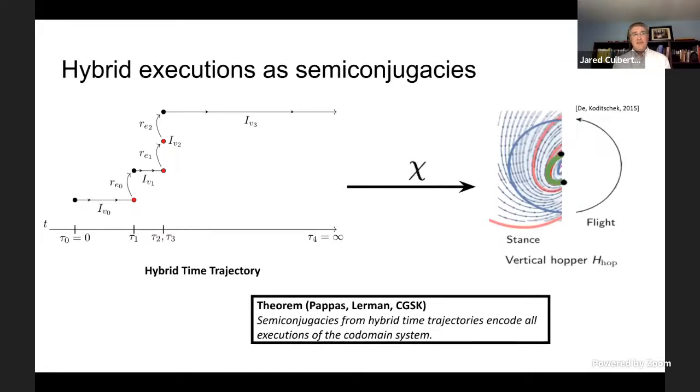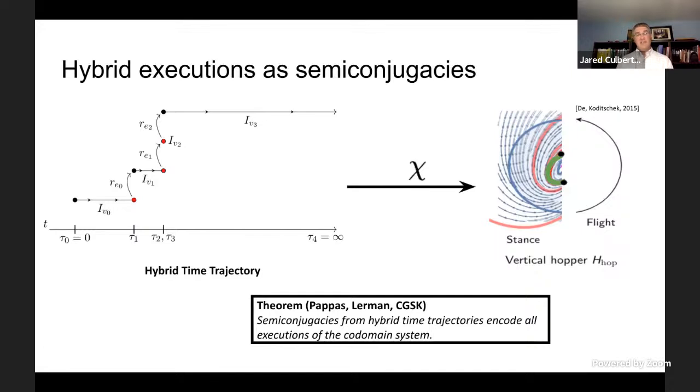And what this allows us to do is to encode properties and aspects of these systems as semiconjugacies. For example, we can think about what an execution of a hybrid system would be like. If you're familiar with classical dynamical systems, you have the integral curves that define the trajectories: given an initial point, where that point will flow to in that system.